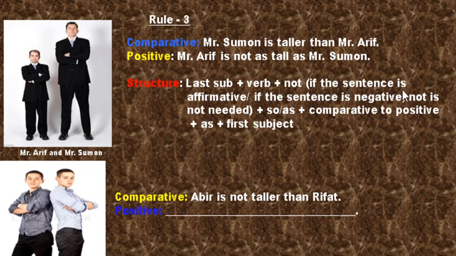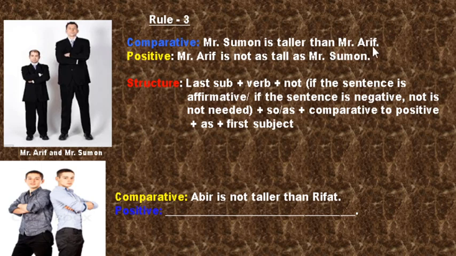Okay, if the sentence is affirmative or if the sentence is negative. Here the sentence is affirmative, so I have used negative form. If the sentence is negative, then you have to use affirmative form. Then you have to use so or as, then comparative to positive, then as, then first subject. So simply, Mr. Shuman is taller than Mr. Arif.